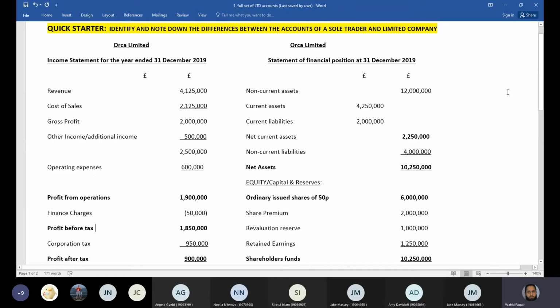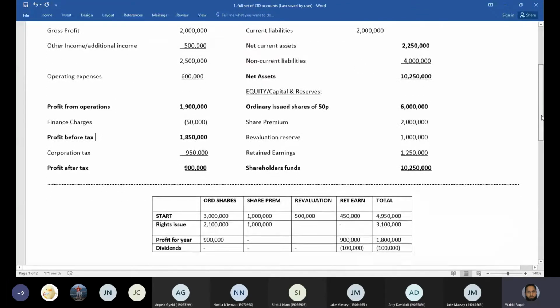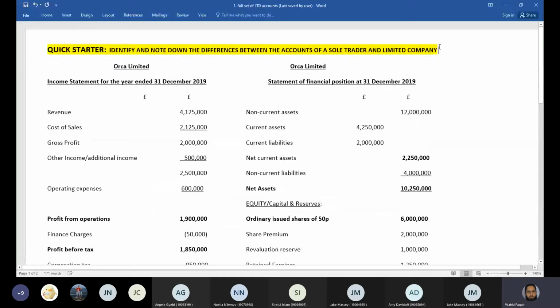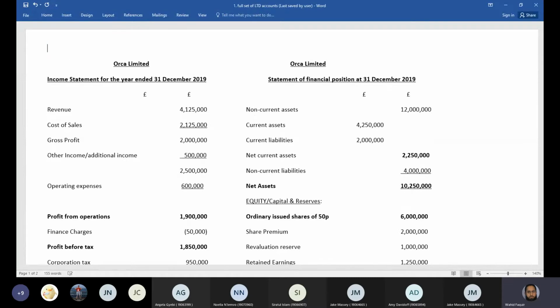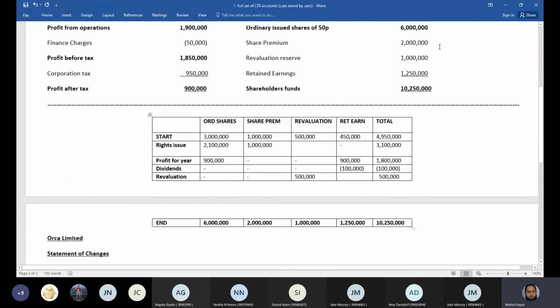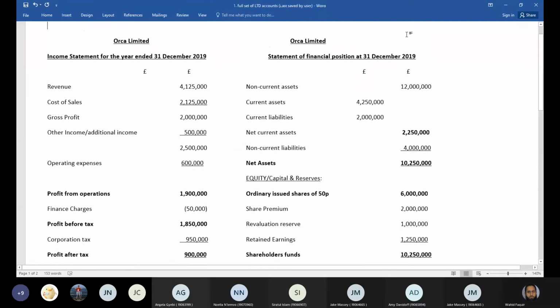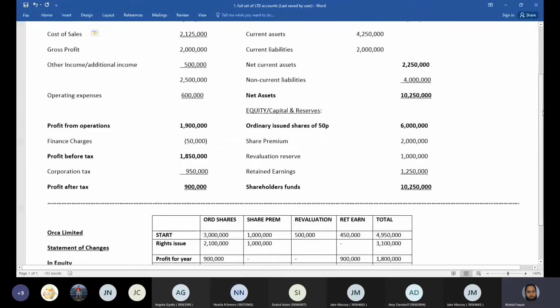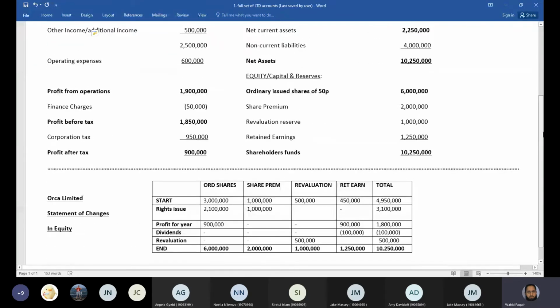Is that it then? No. There is more to it, of course. There's this thing here. Now, if you printed it out, there is another document which you have to prepare for a limited company. Let's have a look. Right, there you go.